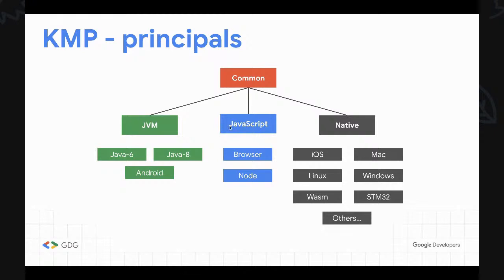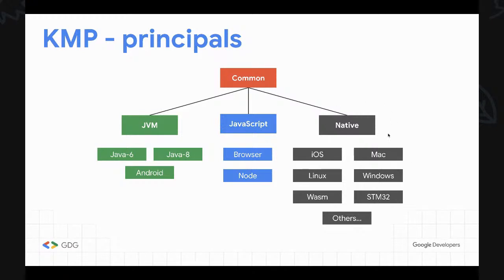And for JavaScript, it generates JavaScript files which can be used in other JavaScript files, and this allows Kotlin to be used in other frameworks like React for the browsers and even for Node.js.